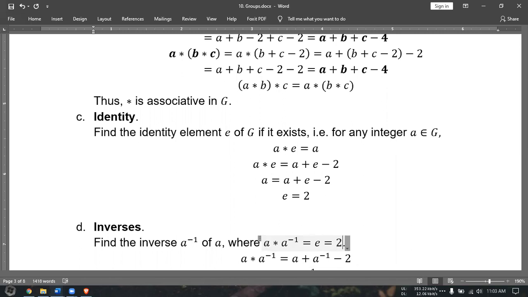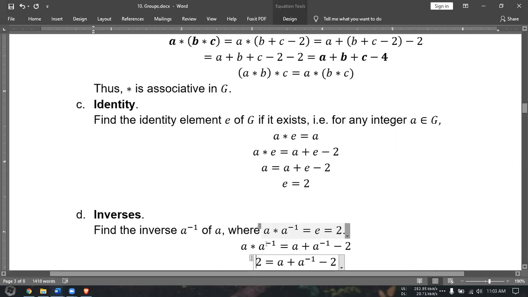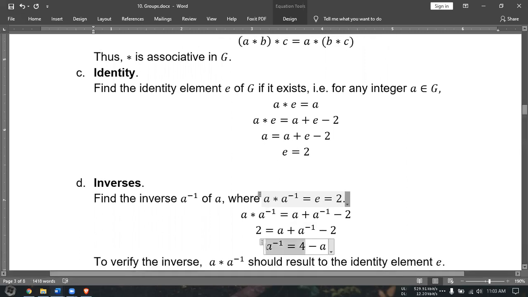So applying the binary operation again, A star the inverse of A is equivalent to A plus the inverse of A minus 2. And we know that A star the inverse of A is our identity element 2. And solving for the inverse of A, we'll have 4 minus A. So this equation will give us the inverse of any element of G: 4 minus A.